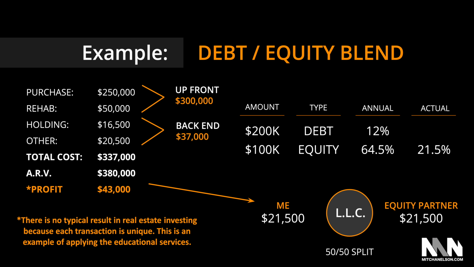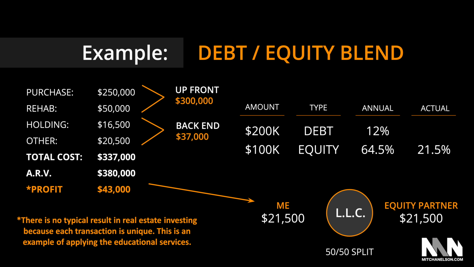Now, obviously, this isn't an investment for them. You have to be very careful on the vernacular when you're referring to an equity partner. They are not an investor. You're not asking them to invest, because in most cases, a lot of you aren't going to have securities licenses, so you can't sell investments. What you're asking them to do is partner up with you. So make sure you use that vernacular. They are partnering with you, right? And your debt relationship, that is not an investor either. That is a lender.